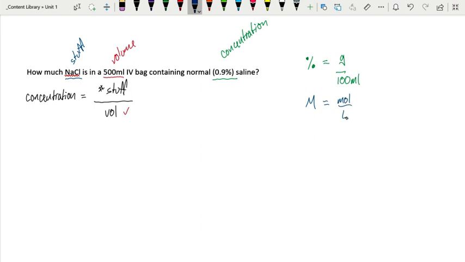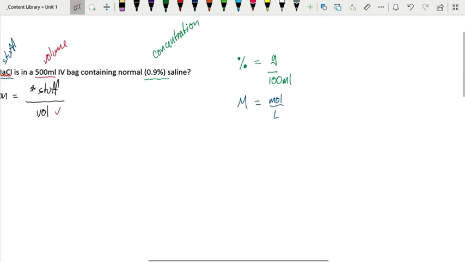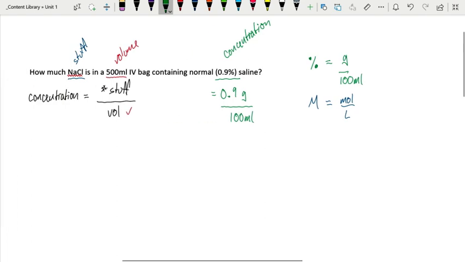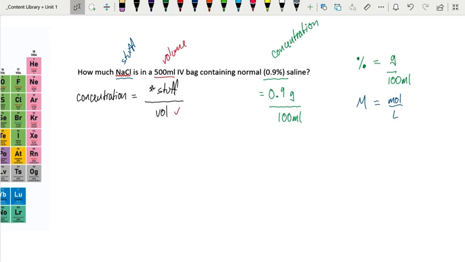Again, it's just a ratio, stuff over volume. Going back to our problem, we have a concentration of 0.9%. So what does that mean? That means our concentration is 0.9, and what are the units? Grams per 100 milliliters.